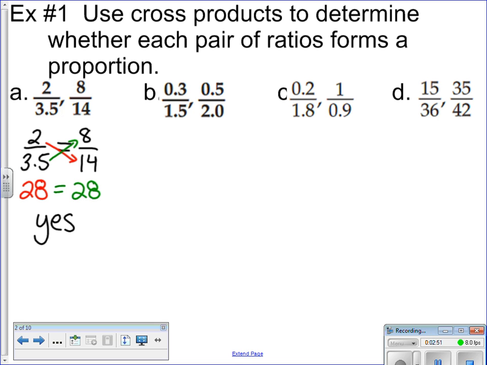Okay, so if I cross multiply 0.3 times 2, I get 0.6. Now if I multiply 1.5 times 0.5, I get 0.75. Now these two decimals are not equal, so this is not a proportion. So you would say no, it's not.